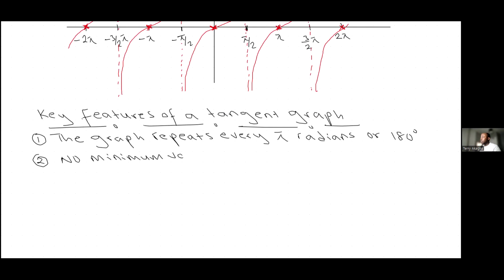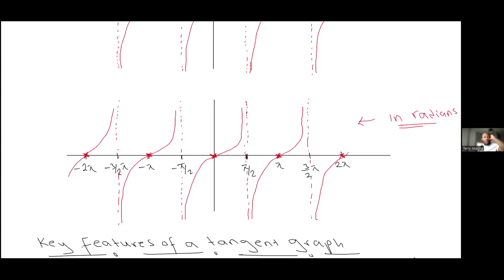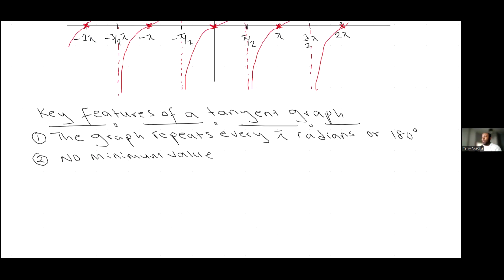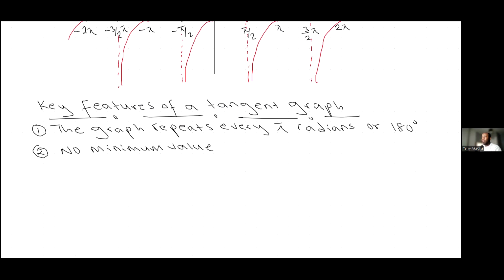Number 3, because you can see that there is no minimum value, unlike sine and cosine, where we talked about that the minimum value is -1 and the maximum value is 1. Okay, but here there is no minimum value. Number 3, as well, there is no maximum value. So there's no maximum value for tan.